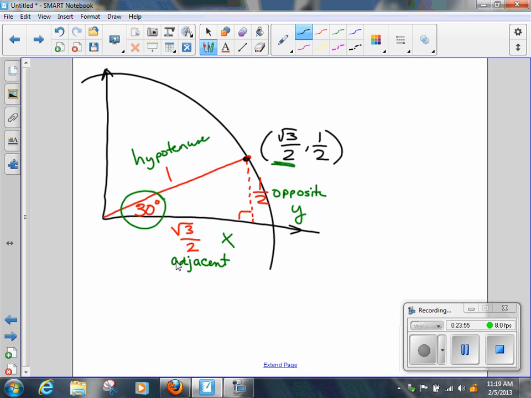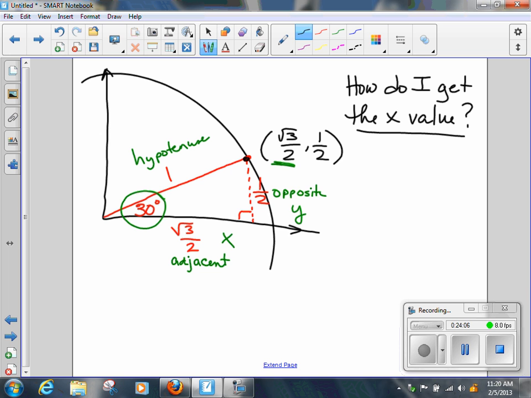So how do I get the x value? If I didn't know already that that terminal point was root 3 over 2, 1/2, how would I get the x value using trig ratios?